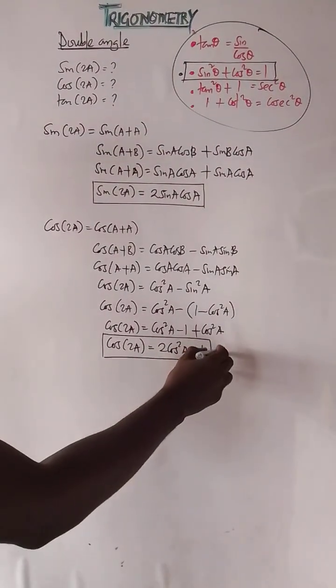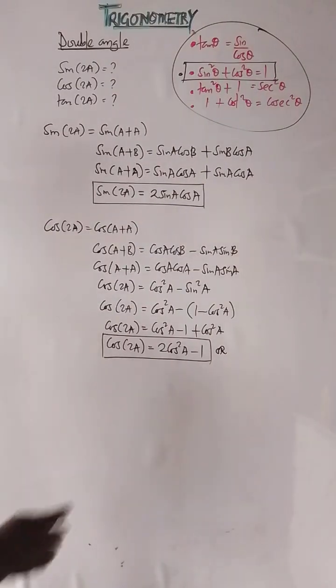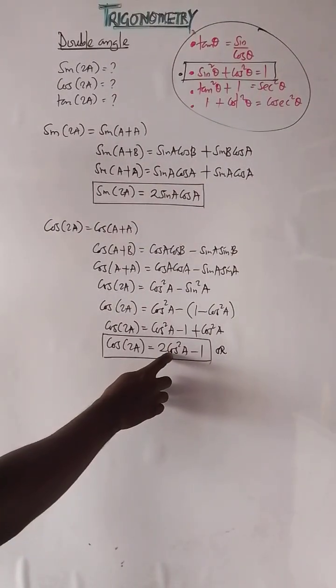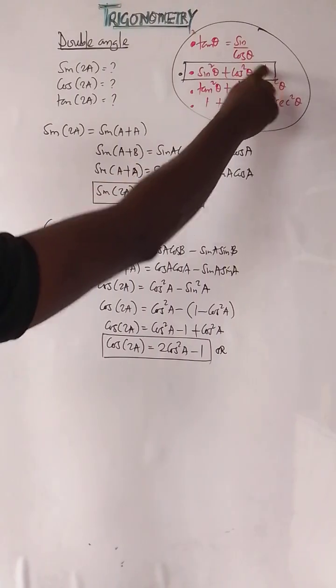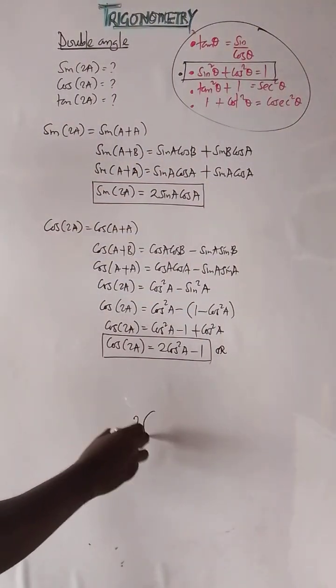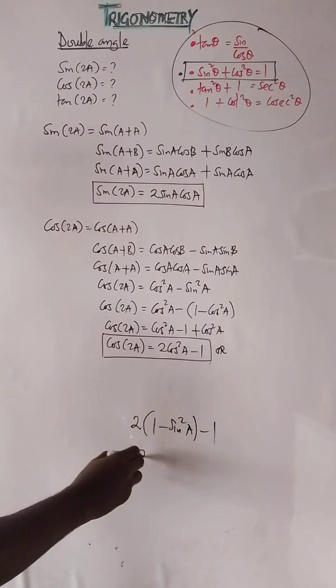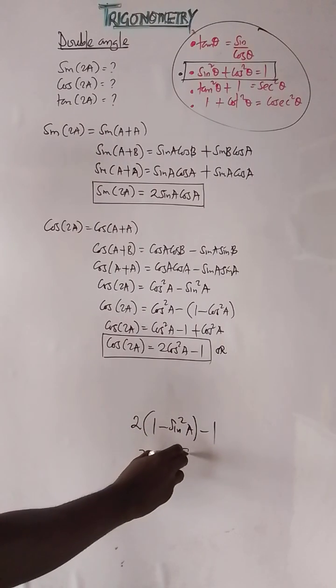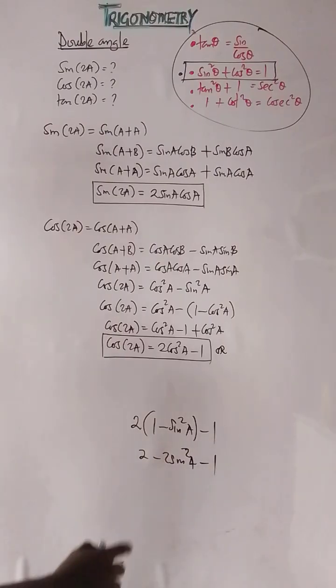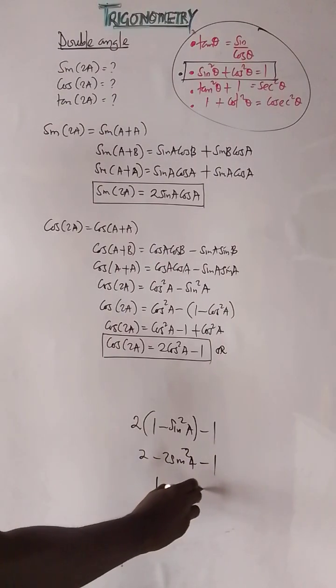Or we can express cos 2a in terms of sine. So what are we going to do? We replace this cos square a with 1 minus sine square a. So this becomes 2 times 1 minus sine square a, minus 1. That's 2 minus 2 sine square a minus 1. 2 minus 1 is 1. That's 1 minus 2 sine square a.